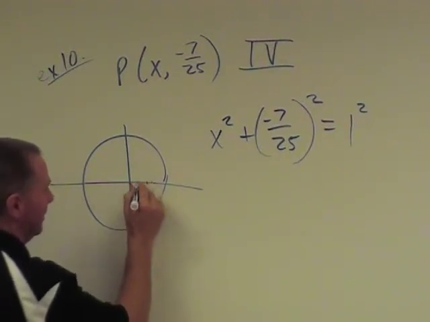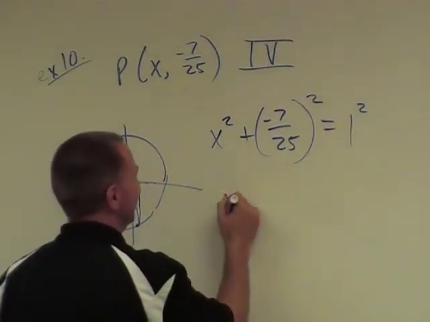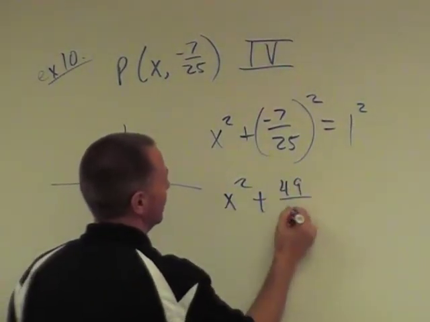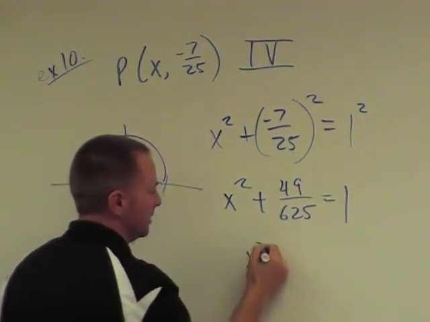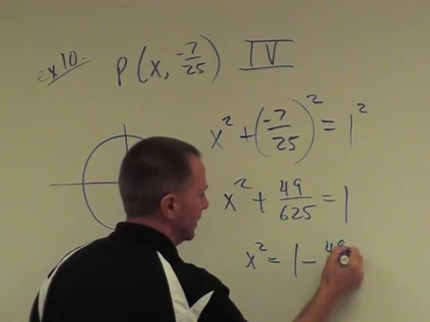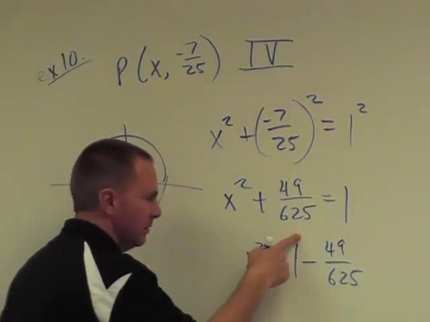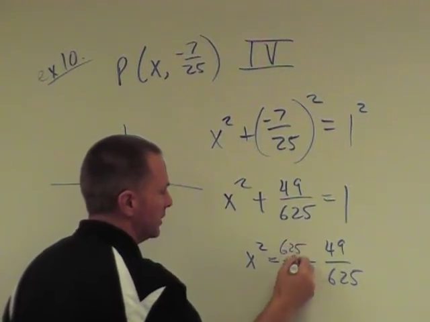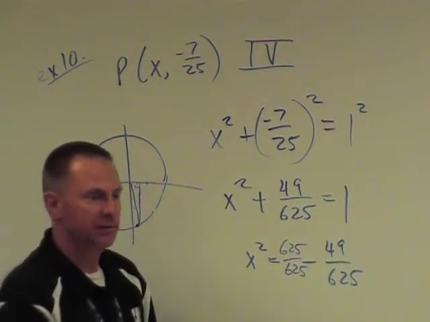Okay, there it is. Will you go through how to do that? Yeah. x squared plus 49 over 625 equals 1. Subtract that to the other side. 1 is the same thing as 625 over 625. I need a common denominator, so obviously that's what I need to do.